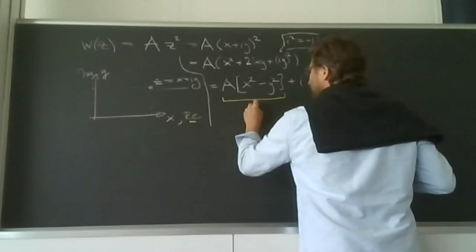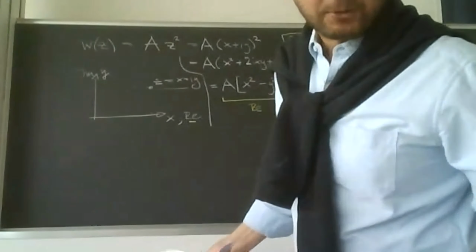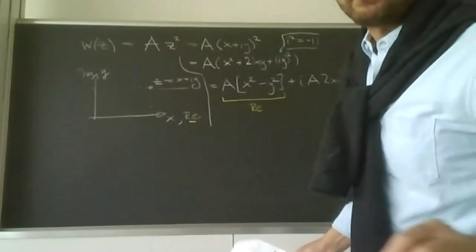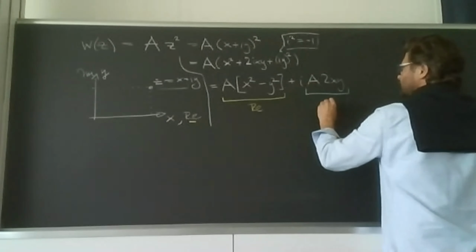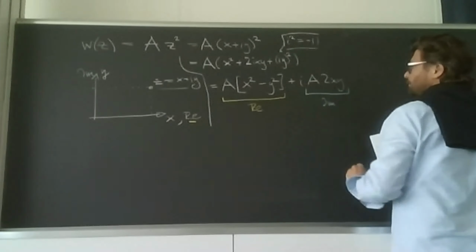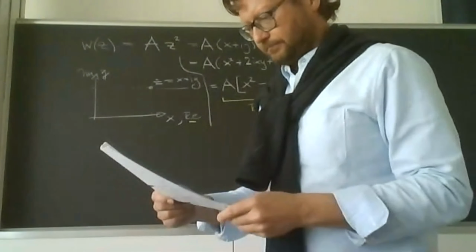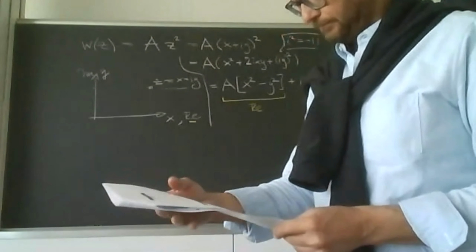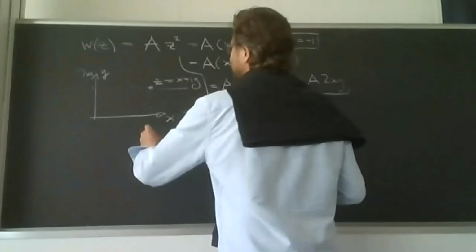That would then be the potential. And the imaginary part would then be the stream function.